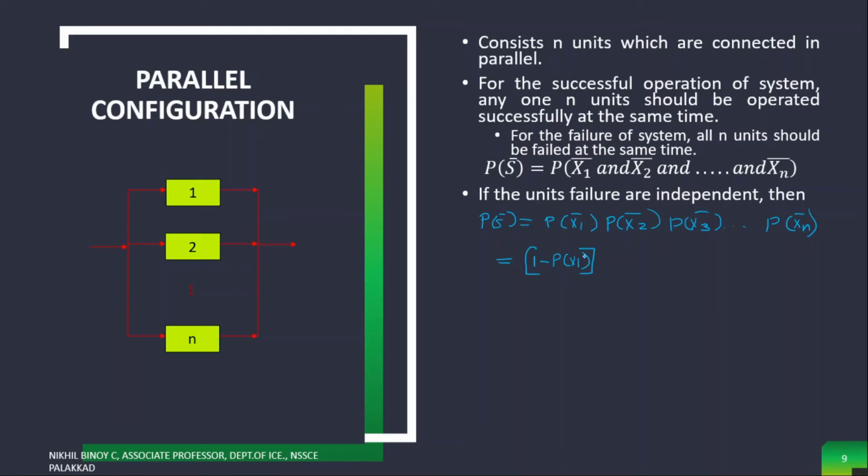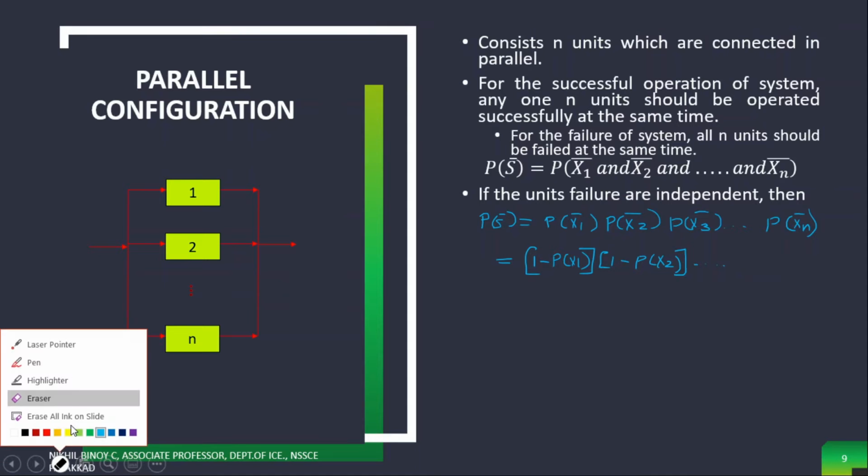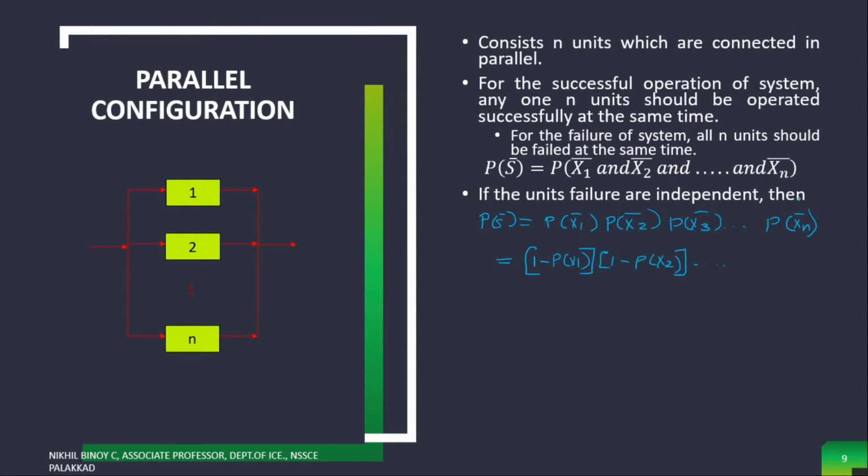What is P of x2 bar? 1 minus P of x2, into and so on, into what about P of xn bar? 1 minus P of xn. So this is the probability of failure of the system. That is equal to P of x1 bar into P of x2 bar into P of x3 bar into and so on, into P of xn bar.